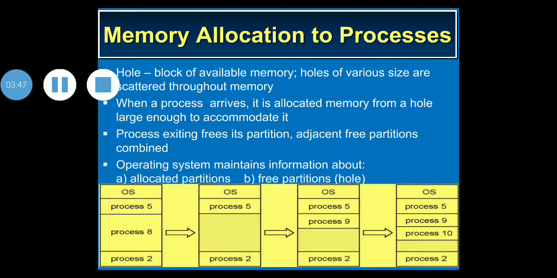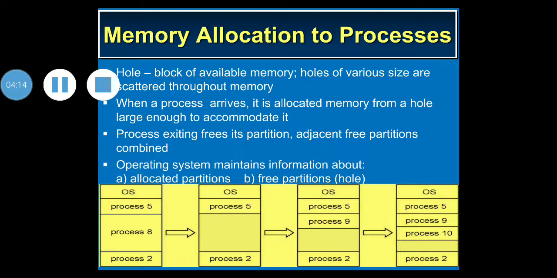As we see in the diagram, there is operating system at the top of primary memory and initially three processes are executing, that is process 5, process 8, process 2. As soon as the execution of process 8 is over, the memory is freed and that memory can be utilized by some other processes. If process 9 wants to execute the program, it is brought to the primary memory.